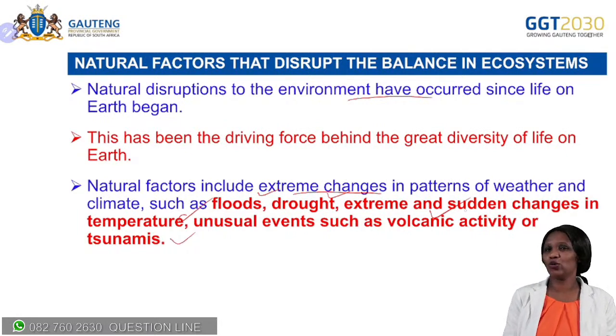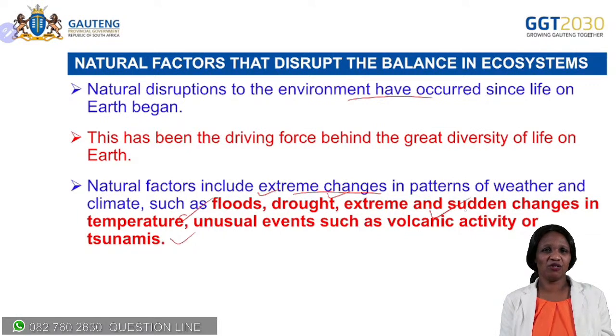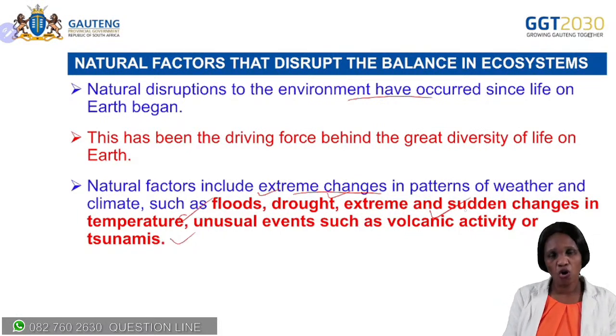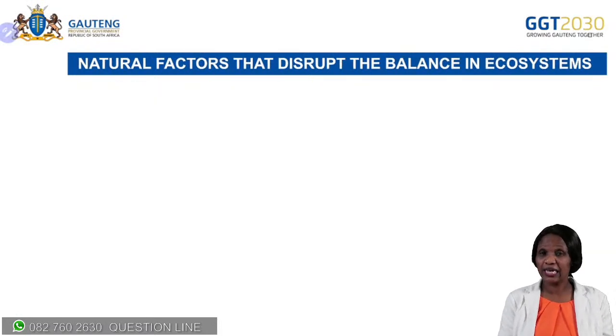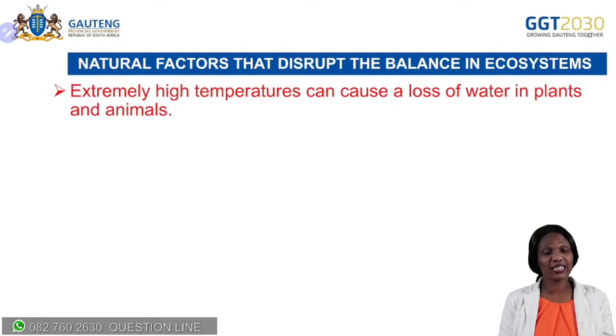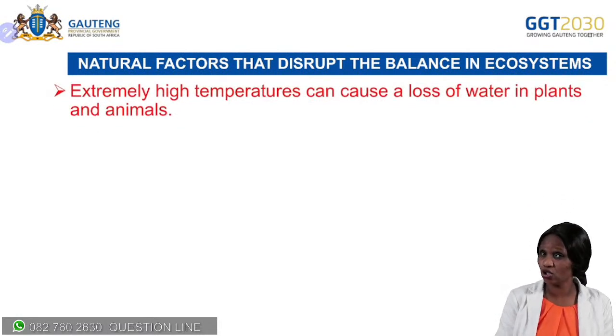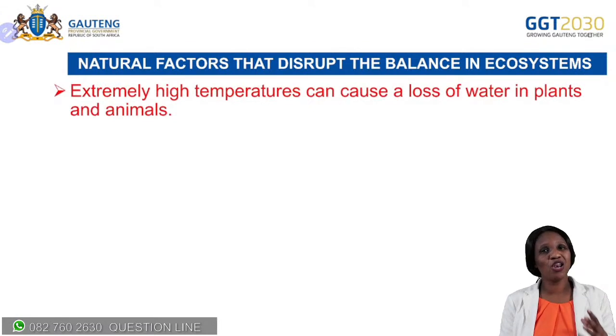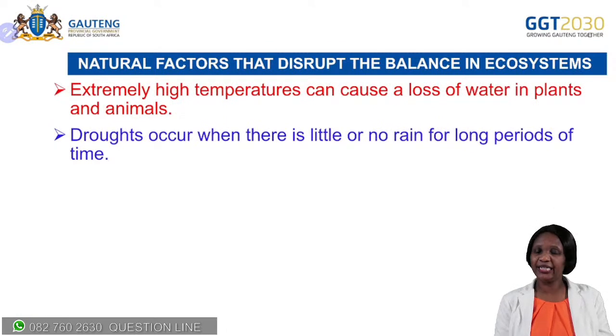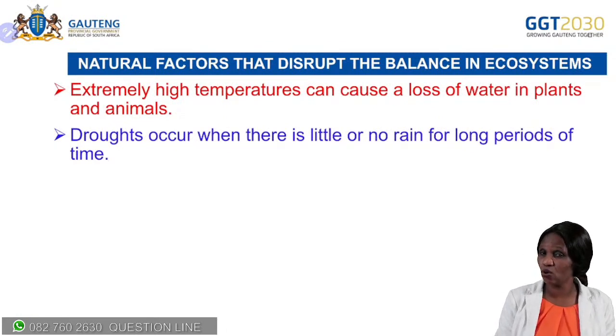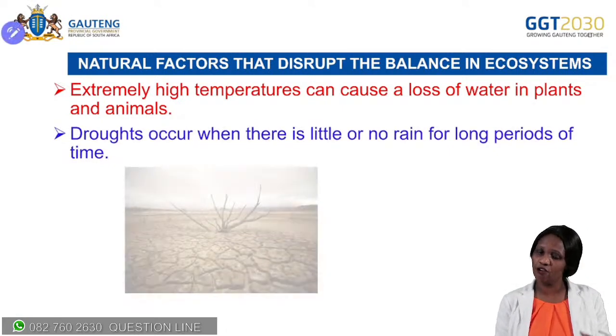Even mudslides, we now experience mudslides. It is because of not caring for the earth. And then extreme high temperatures can cause a lot of what? Can cause a loss of water in plants and animals. And it can cause droughts. Droughts occur when there is little or no rain for long periods of time.